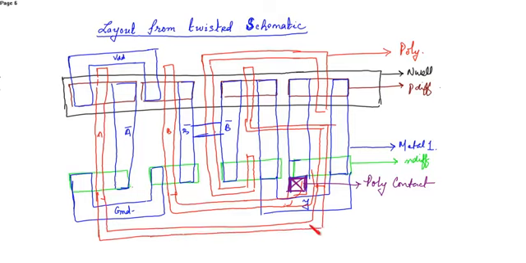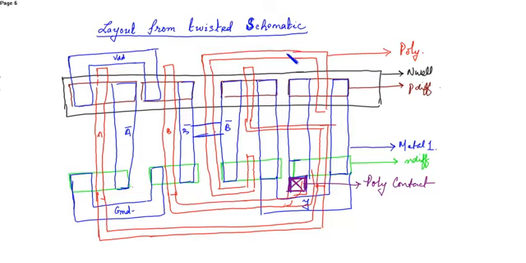Okay, and then A bar is connected to the other gate. So this can be connected from here to here.